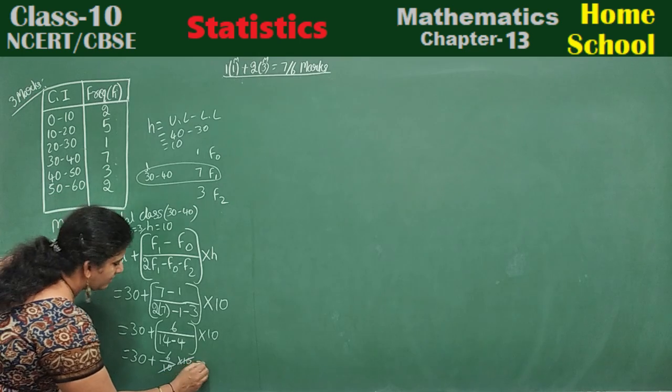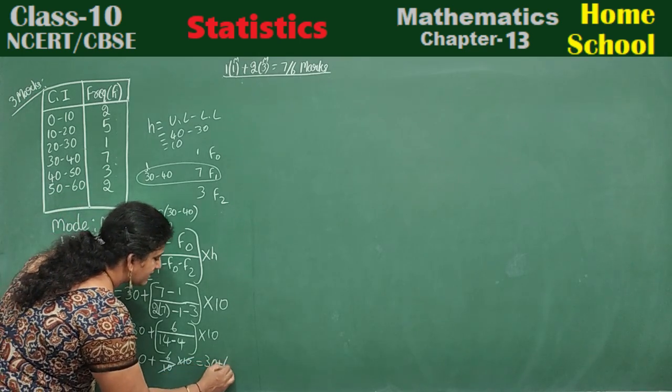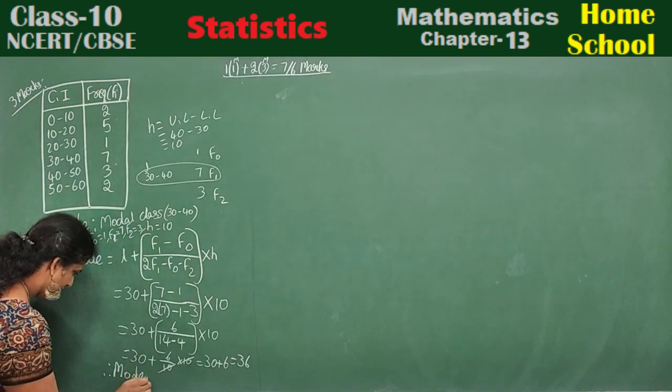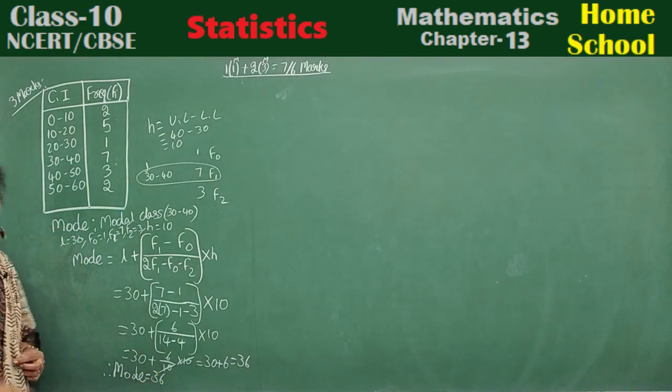The 10s will be cancelled. That will be 30 plus 6 is equal to 36. Therefore, mode is equal to 36 is your answer.